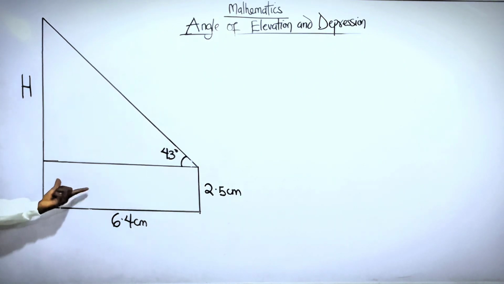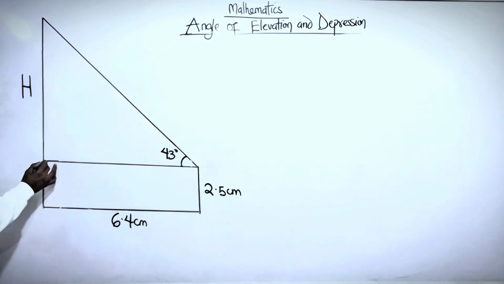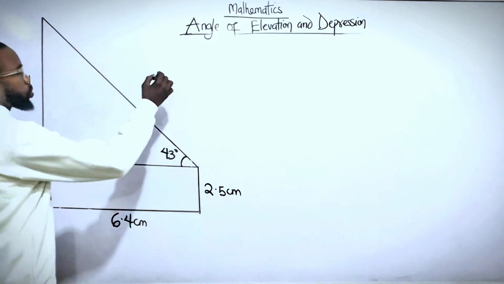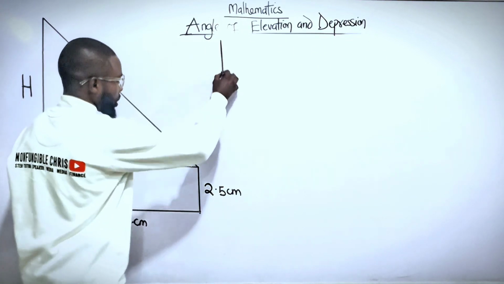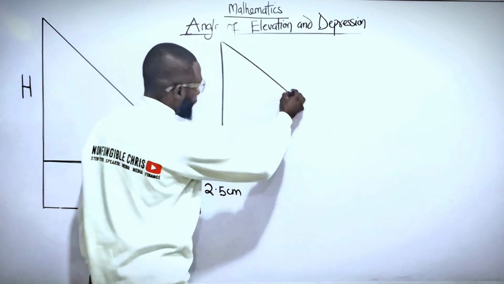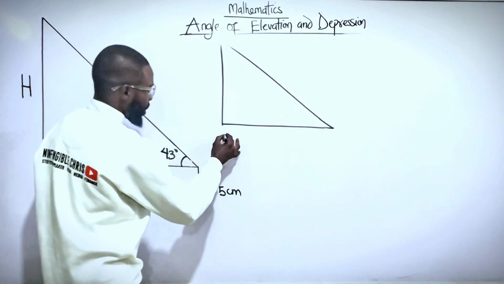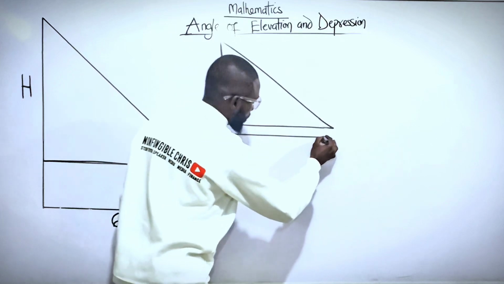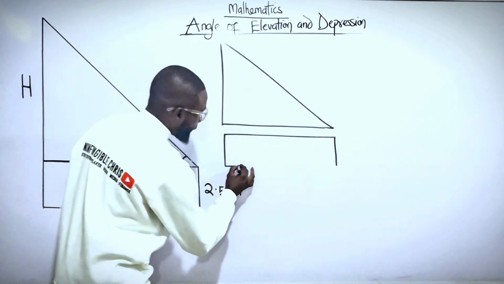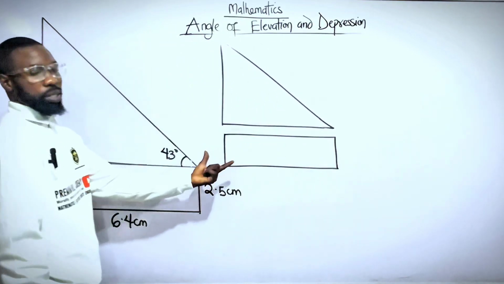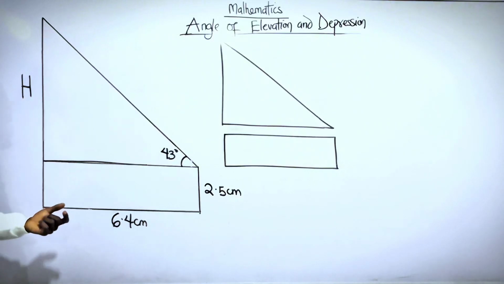But then you can see a rectangle here. This is a rectangle, and if we try to split them open, this one is our triangle, and then we have a rectangle beneath. What this simply means is that for a rectangle, two sides are equal.